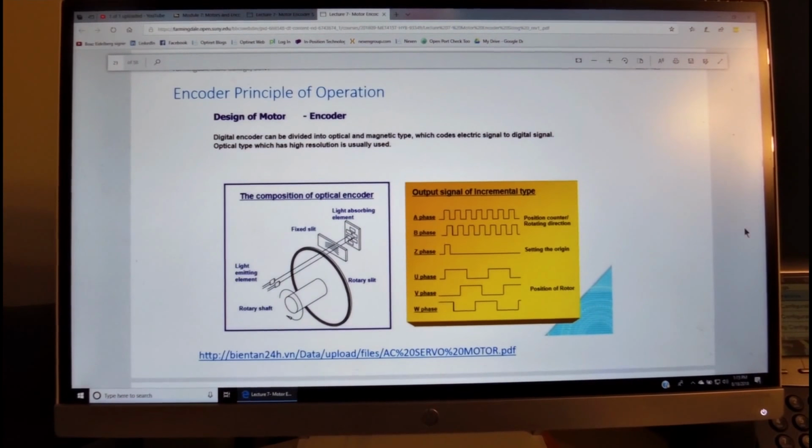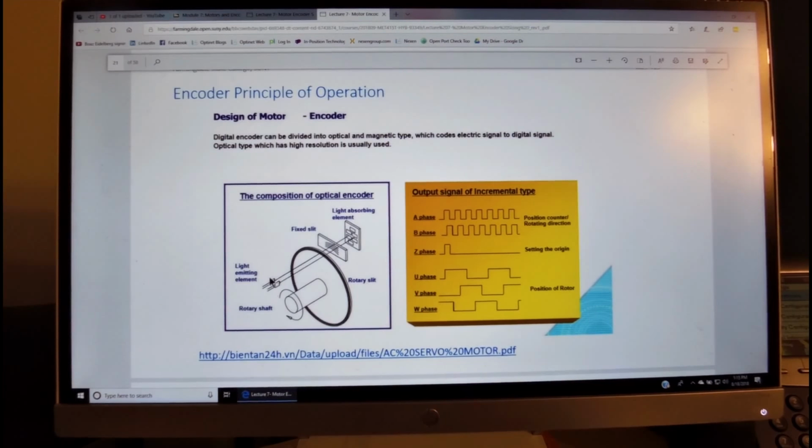As far as the encoders, we will talk about various types of encoders. We'll start with the optical encoder. The basic principle is that we have a disc which is slotted, and it's mounted on the rotor of the motor.